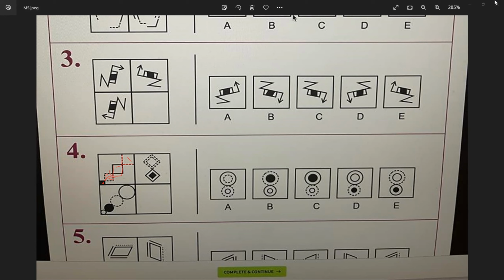So now with the circles, we'll have this one and this one. So we'll have a solid line outside and a black shaded circle inside.